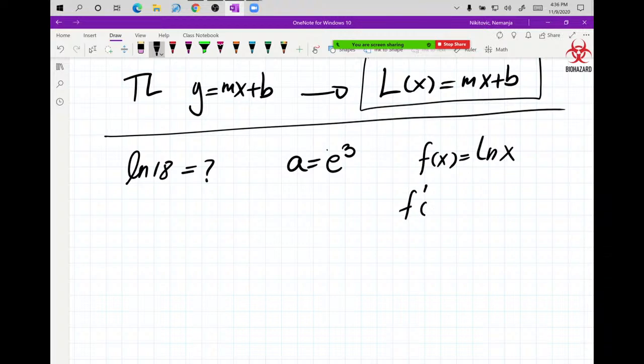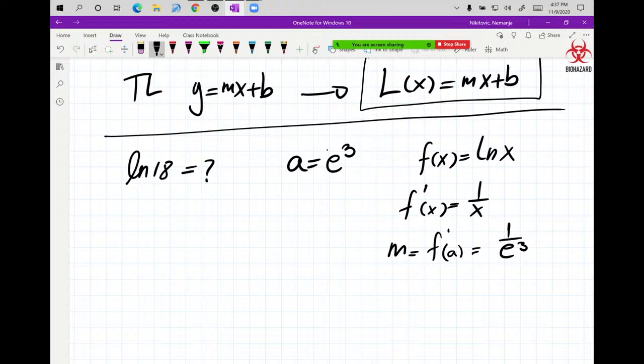The derivative is 1 over x, which means immediately that the slope is the derivative computed at value a, and that is 1 over e cubed. Okay, that sounds good to me.